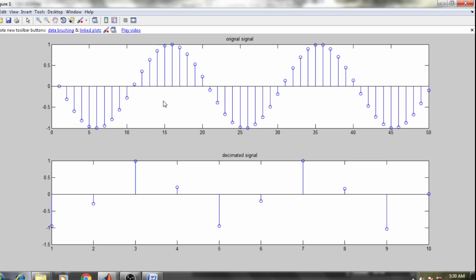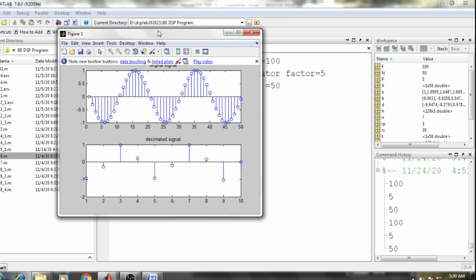That decimated signal is downsampled, or it is passed through a low pass filter, so low frequency signals are passed. That's why you got the decimated signal in this way.